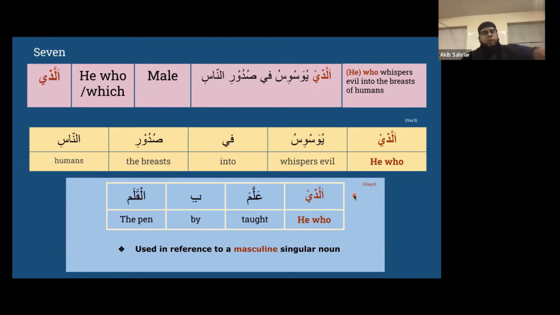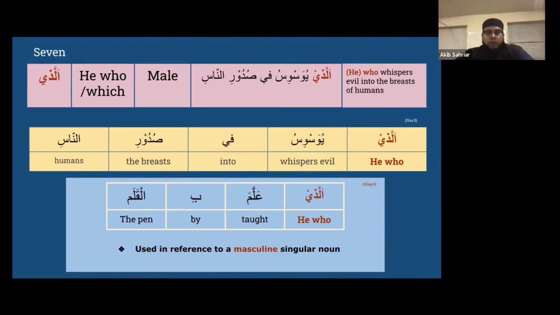Kitab means any book. Jawal means any phone. But when you attach al to those words, al qalam, the pen, al kitab, the book, al jawal, the phone, it becomes more specific. But alladhi, allati and alladina are each just one word, not a compound word.